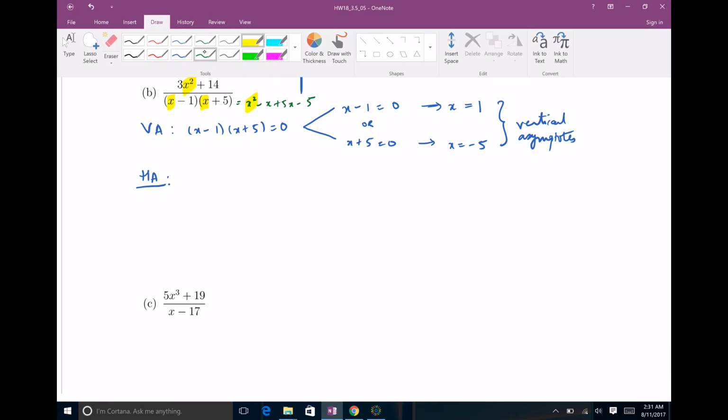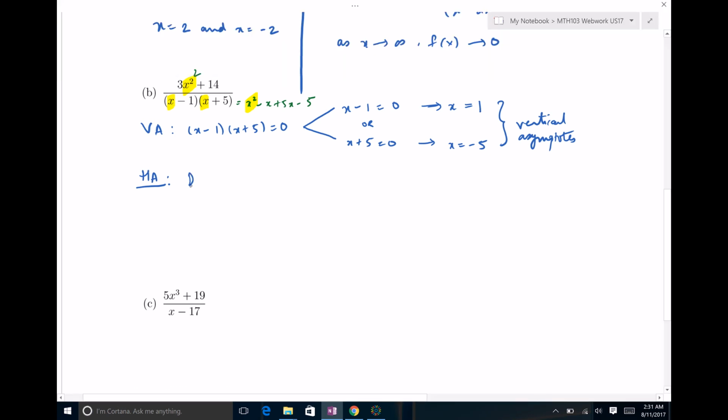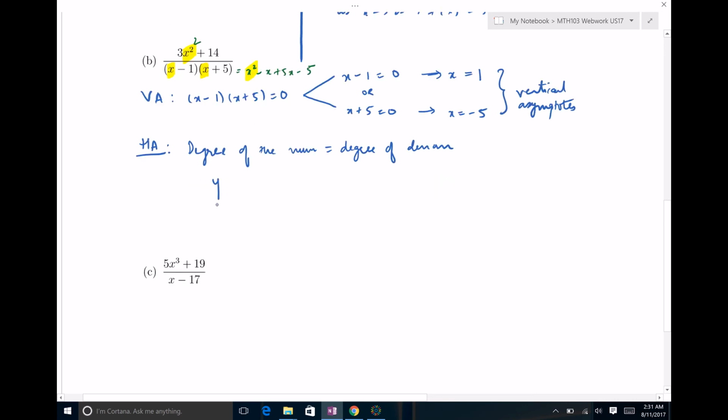So what happens in a case like this? If the degree of the numerator is equal to the degree of the denominator, then the rule is that your horizontal asymptote is y equal to the leading coefficient of the numerator over the leading coefficient of the denominator.